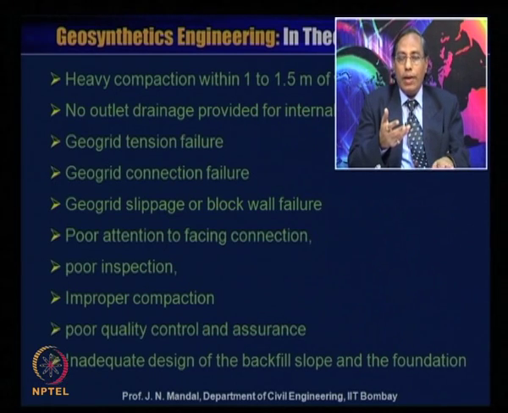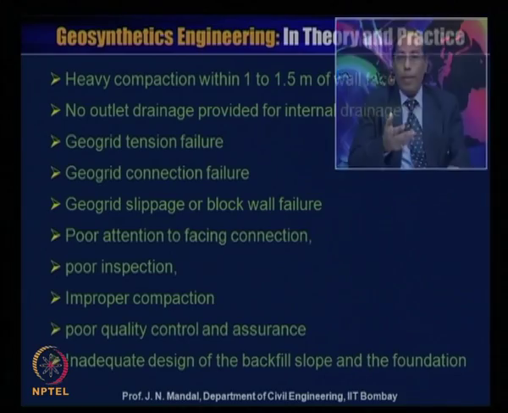So you check from where the water should pass through the pipe. You can provide a proper slope so that water can flow out from that zone. Sometimes you find there is no outlet, and then there is a possibility of failure.